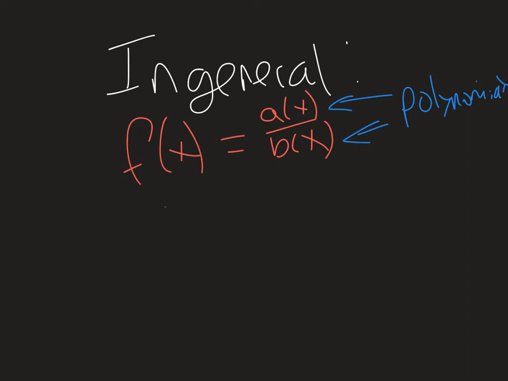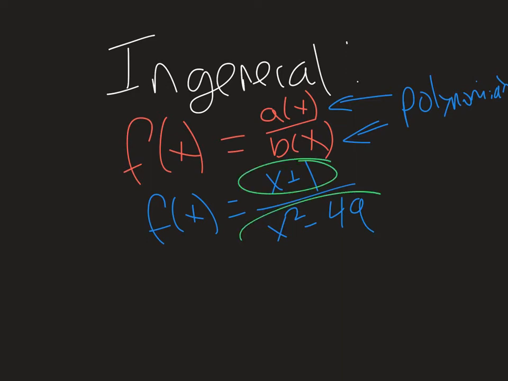So an example of a rational equation would be x plus 1 over x squared minus 49. This would be one example. Both of these expressions in numerator and denominator are polynomials.